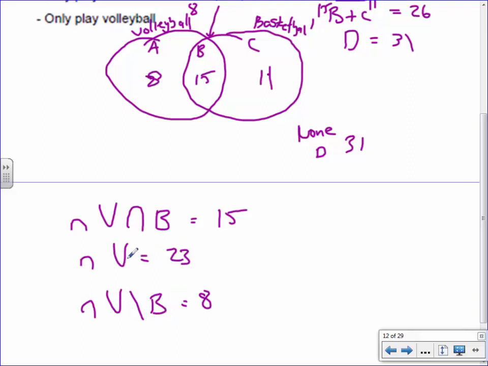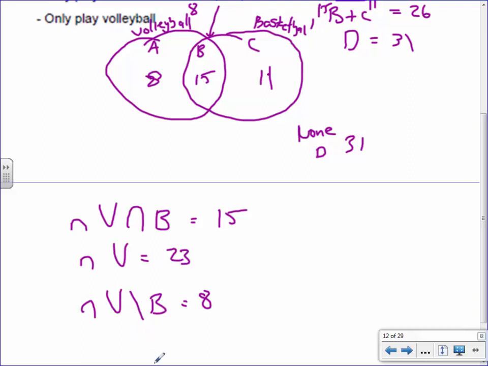The total number of kids who play volleyball was 23, but that's because 15 kids played both. If you ever see this notation here, V/B, it means take all the volleyball kids, but if they play basketball, don't count them. So in a way, this means the number of kids who only play volleyball.